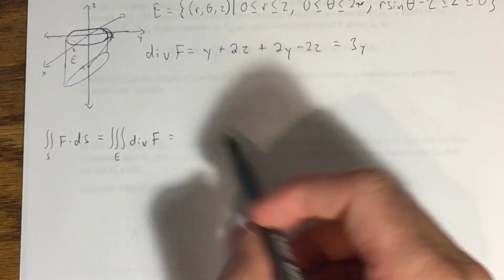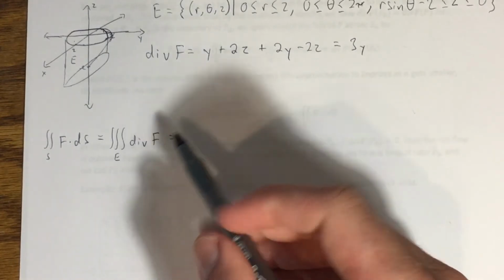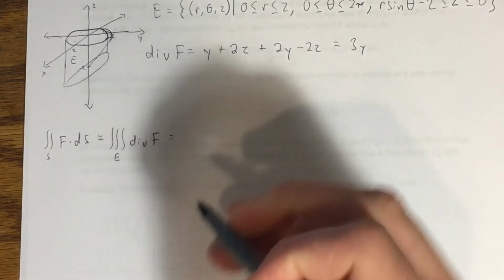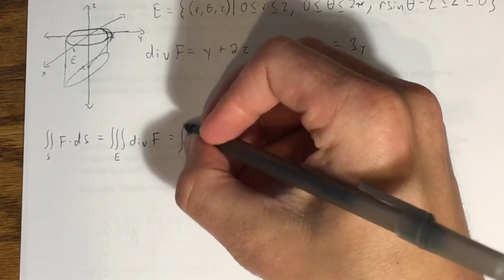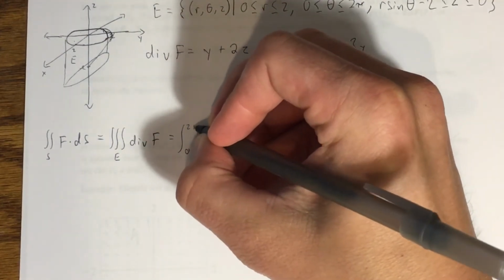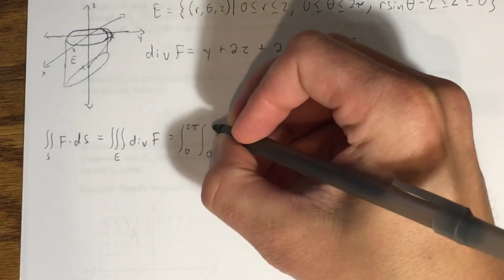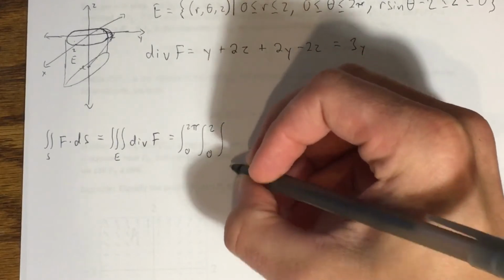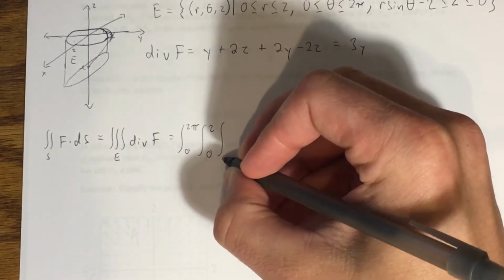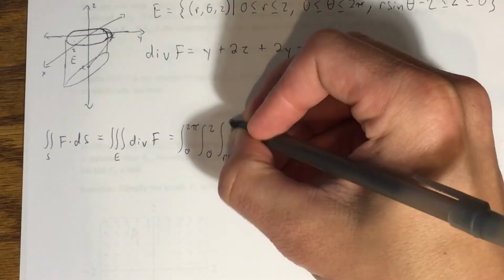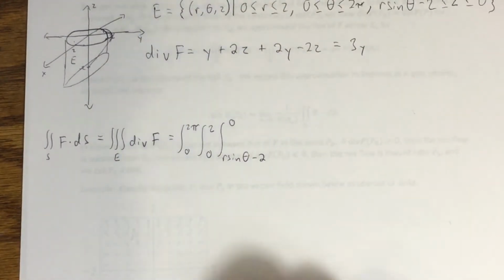What is it that we're actually taking the triple integral of? Well, first of all, remember I'm making a conversion into cylindrical coordinates. So this is going to become the triple integral from 0 to 2 pi for my theta, 0 to 2 for my r, and then r sine of theta minus 2 to 0 for my z.